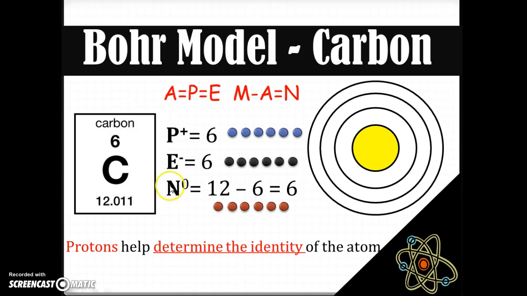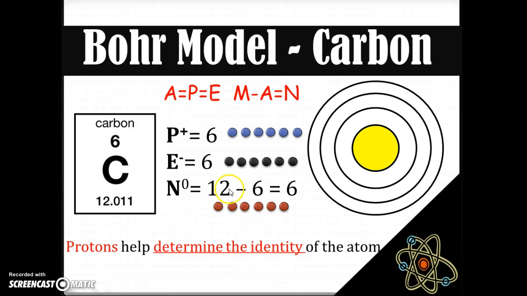Now we must determine the number of neutrons. We're going to take the mass number, which is this number, and we are going to round it to the nearest whole number. So 12.011 will simply become 12. Minus the atomic number, which is 6, will equal the number of neutrons.